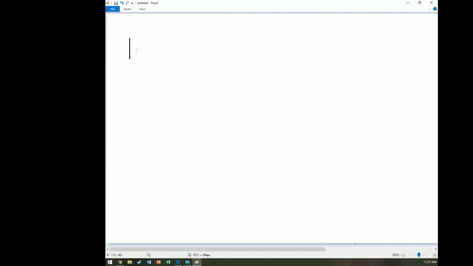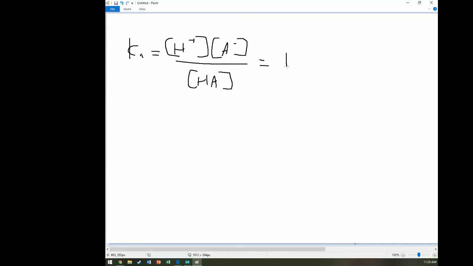So, we know that Ka equals H plus times A minus over HA. Now, I can write this out as H plus times A minus over HA.